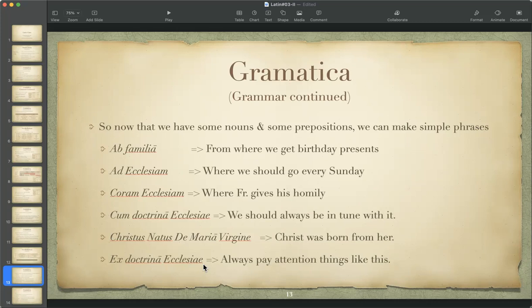That's church doctrine from the church. Yep, ex is from. So from the church doctrine. Yeah, from the teaching of the church or the doctrine of the church, either one. But it's not plural.